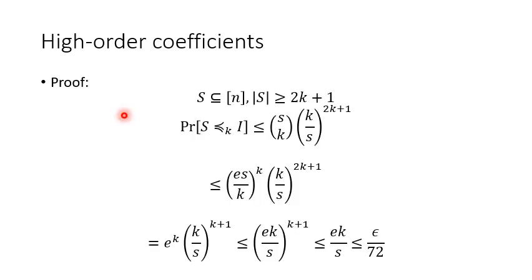We'll now prove this proposition. We'll begin by taking a set S, a subset of the coordinates, such that its cardinality is at least 2k plus 1, and we are going to bound the probability that it is k covered by the partition. We'll use a combinatorial argument. If it is k covered by the partition, we need to choose k out of all the s parts that will cover S, and then we need to send all the coordinates of S, which has 2k plus 1 coordinates, into those k parts.